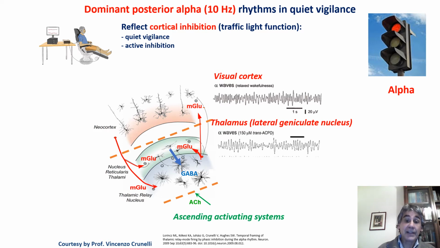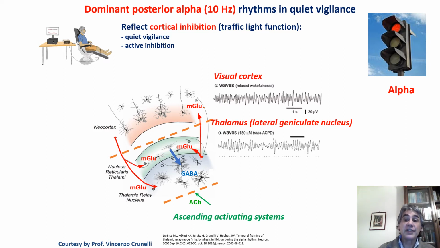In the slide, you see the model of cerebral cortex and thalamus, which may generate EEG activity and alpha rhythms. This model was validated in animal models with electrodes implanted in the cerebral cortex and in the thalamus.